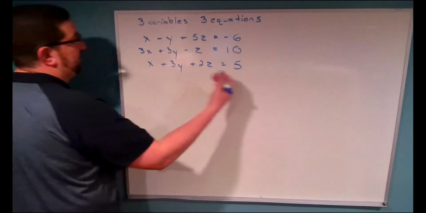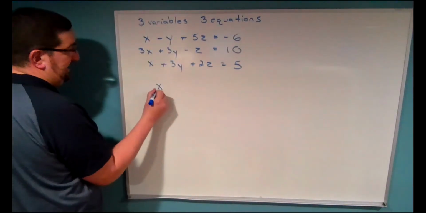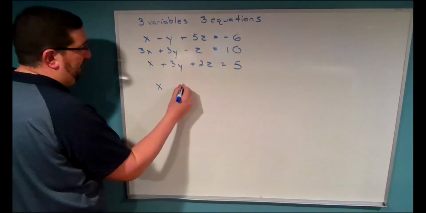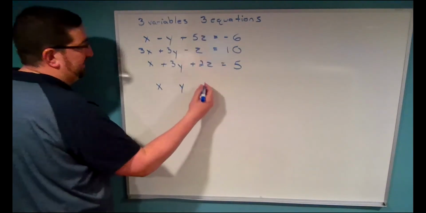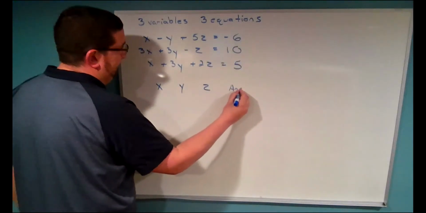Okay, so what we need to do is come up with an augmented matrix. The augmented matrix has to have a column representing the x's, a column representing the y's, a column representing the z's, and a column representing the answer.